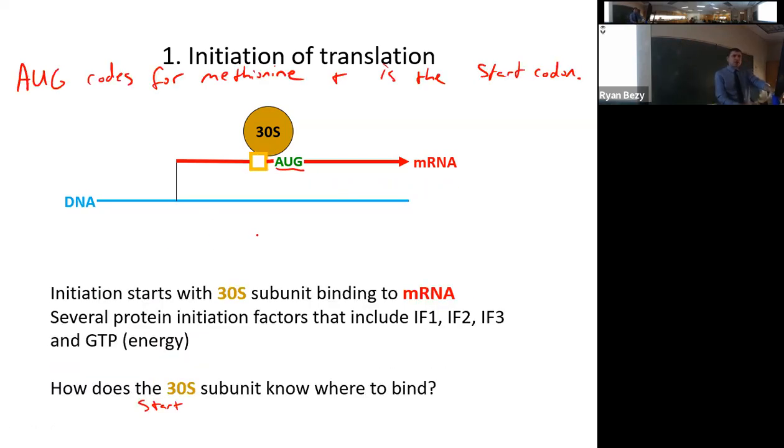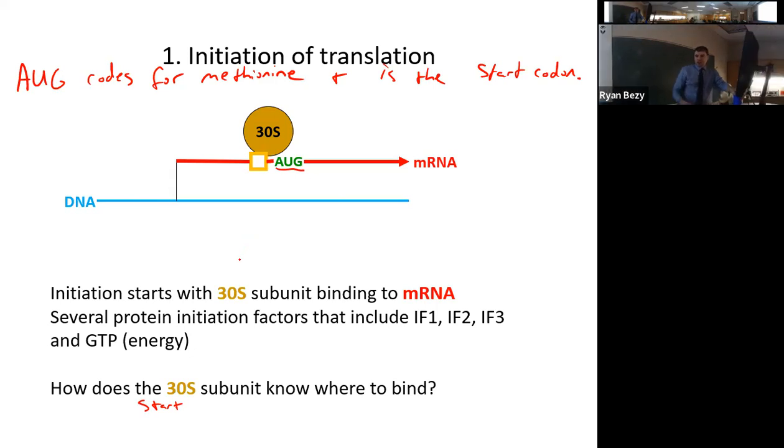Let's say you have a messenger RNA. Do you guys happen to remember from the genetic code how many codons code for methionine? One. Yeah, just one. There's actually only one codon, the AUG codon, that codes for methionine. Now, you might have multiple methionines in a protein.